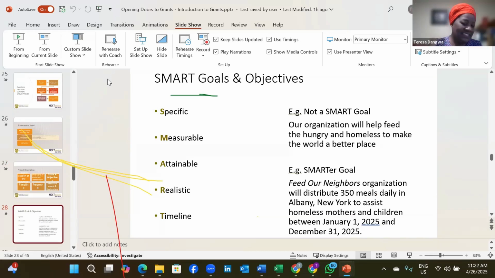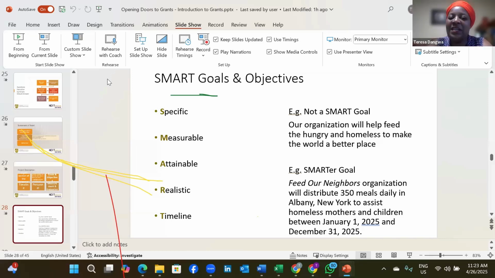What are they? Specific, measurable, accurate, reliable, and time-bound. That's right.